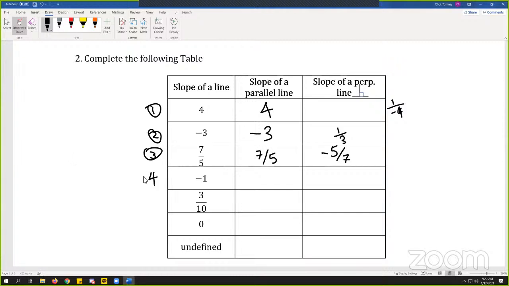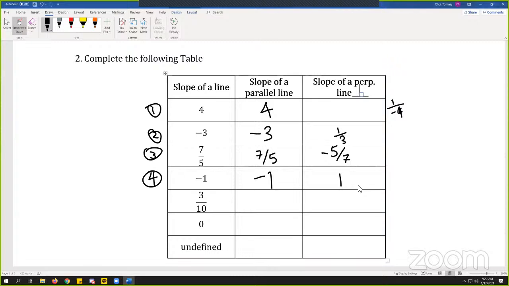Number 4 would be Milana. Good. The slope of the parallel line is -1, and for the perpendicular line, yeah, 1/1 or just 1. So in this case, this one's very straightforward.